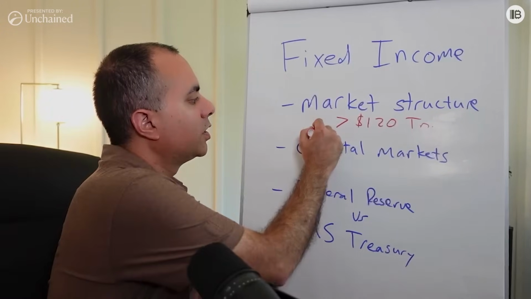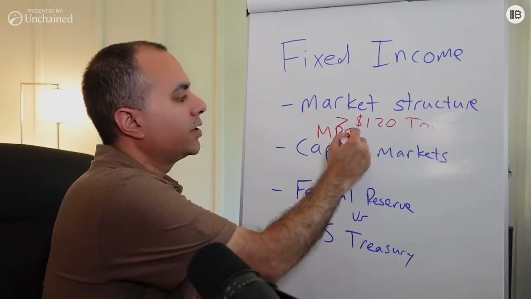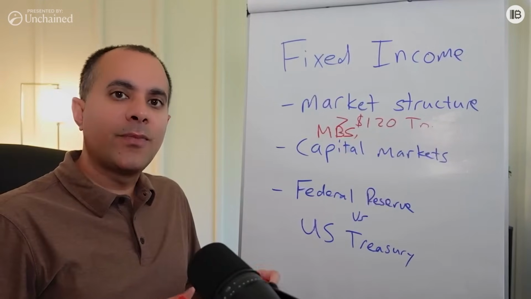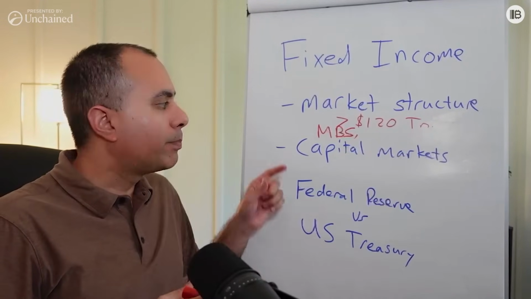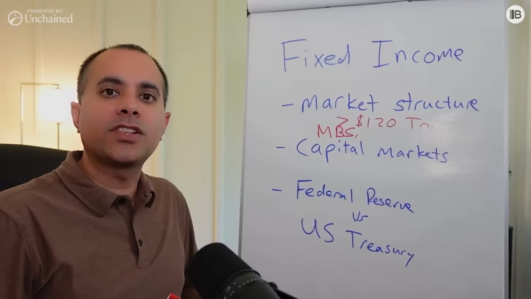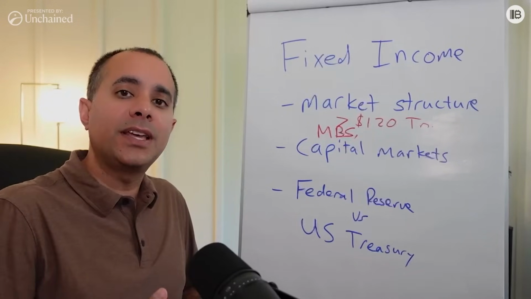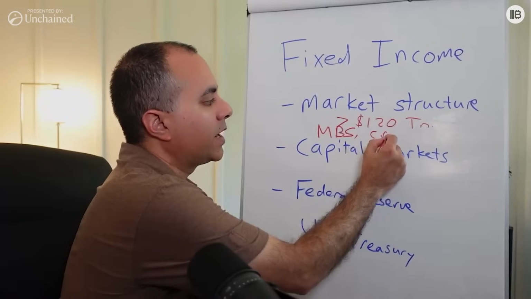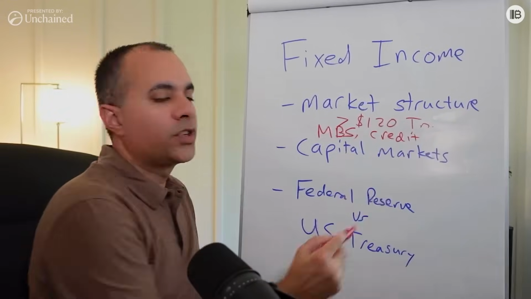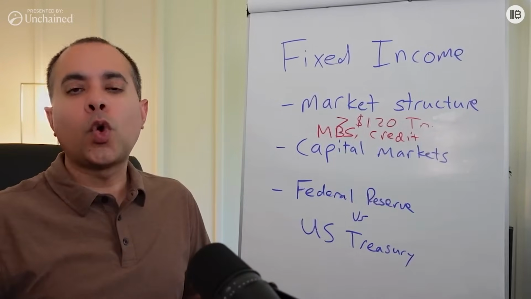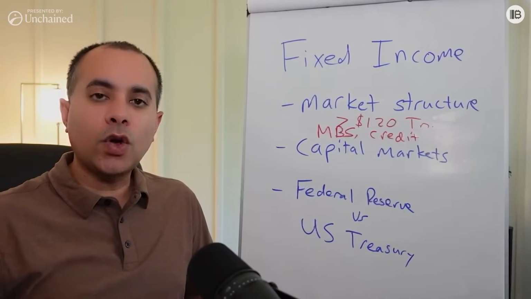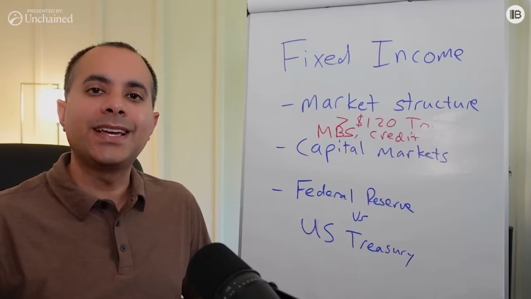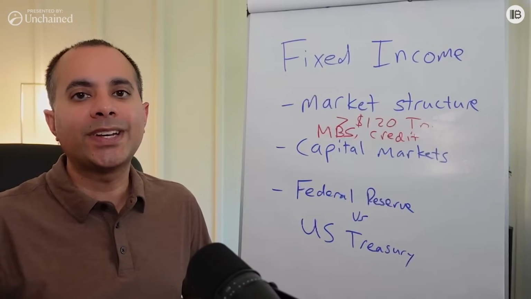The fixed income market also includes different sectors other than just US Treasury debt. It includes mortgage-backed securities, which are instruments that have mortgages in them. So the buyer of a mortgage-backed security is ultimately the lender to the home buyer. We also have credit, which is the shorthand for corporate bonds. Any corporation that is borrowing in the fixed income market is classified as corporate credit.